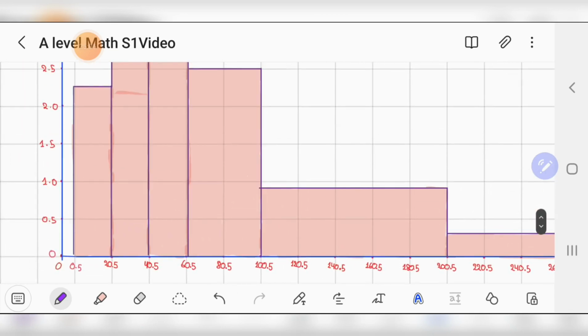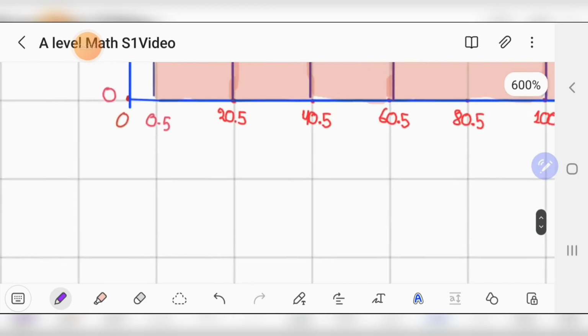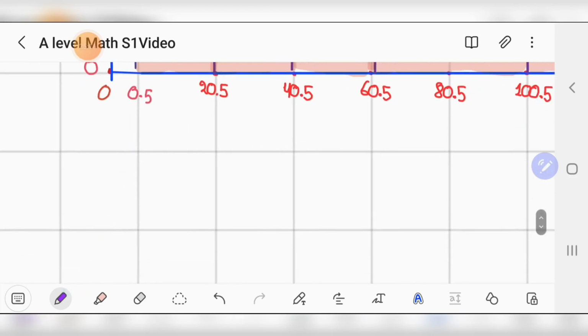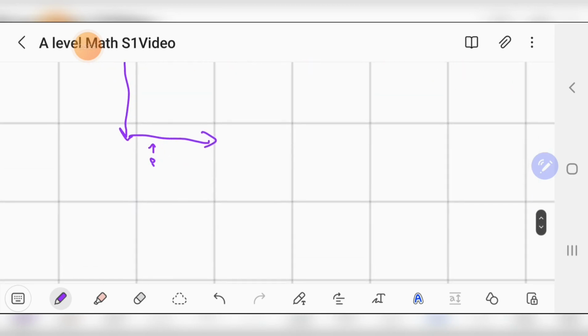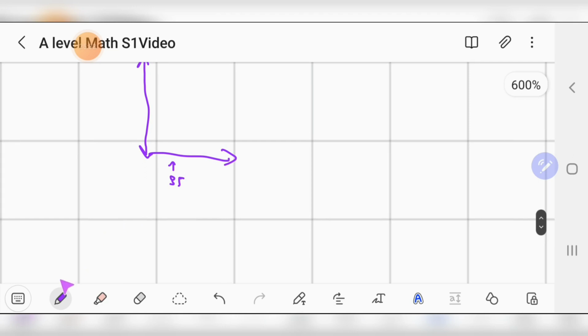To understand, for example, if you have this graph and you're starting from 35, you're not starting with 0 or 0.5, especially not from 0. You're starting directly from 35. So whenever you do this, make a sign like this. This tells you that you are starting way ahead.